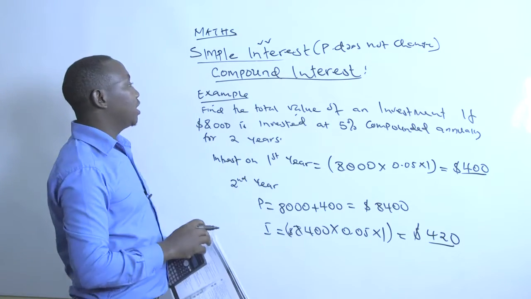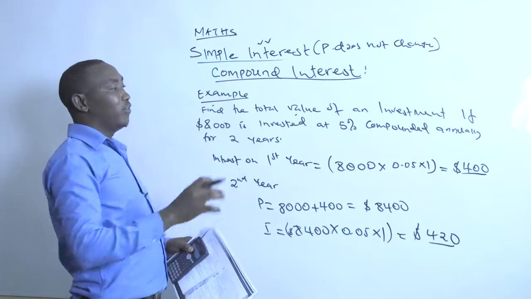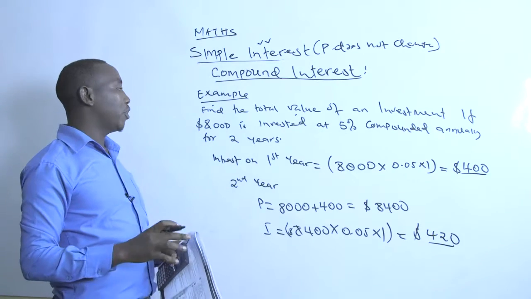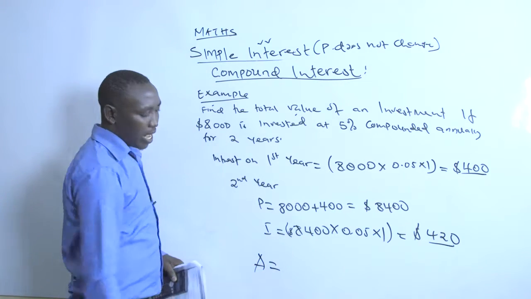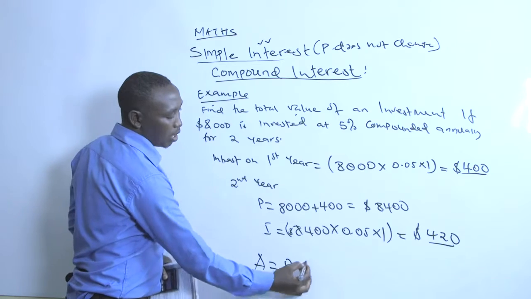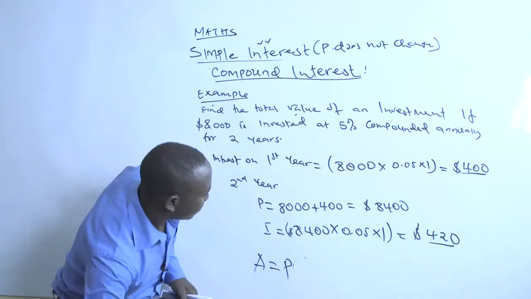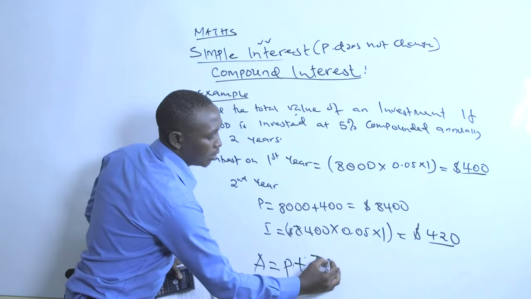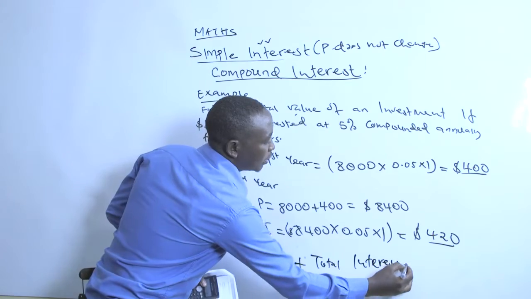So the question was, find the total value of an investment if 8,000 is invested at 5% compounded annually for 2 years. Amount after 2 years will be given by the principal plus total interest.